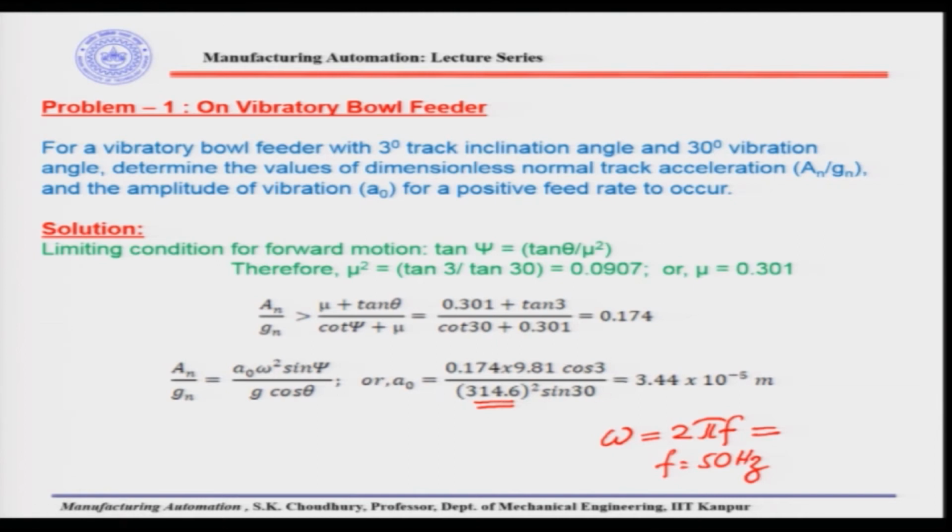Overall, we can find that the amplitude of vibration will be 3.44 into 10 to the power minus 5 meters. Here we can actually see the direct implementation of the theory that we have studied before. I hope this is clear, all right.